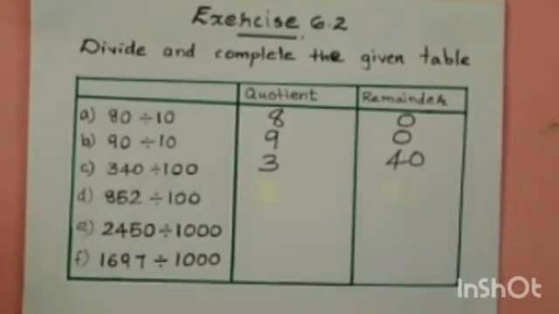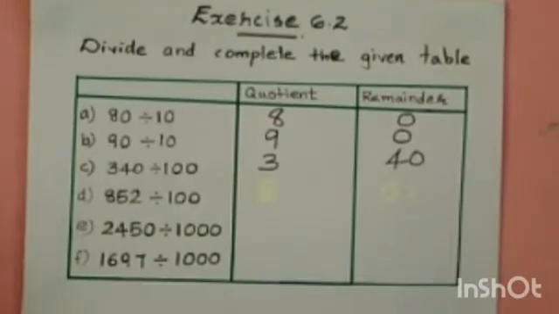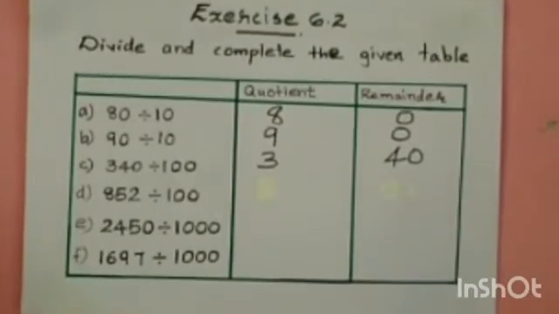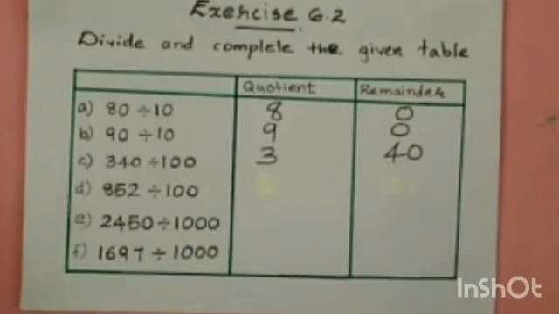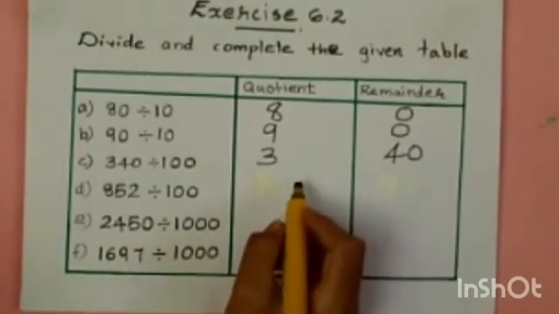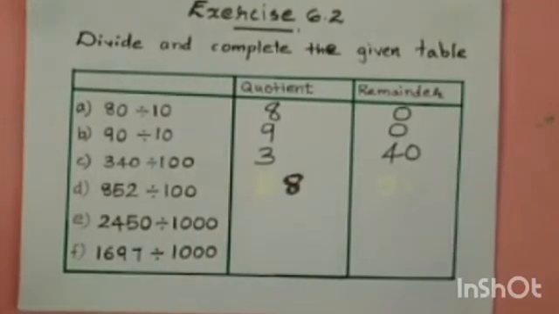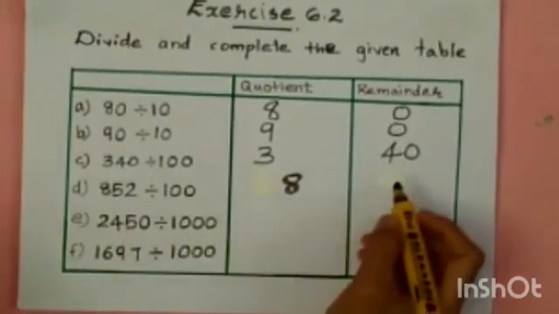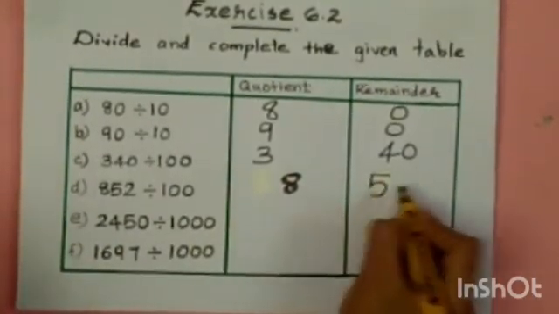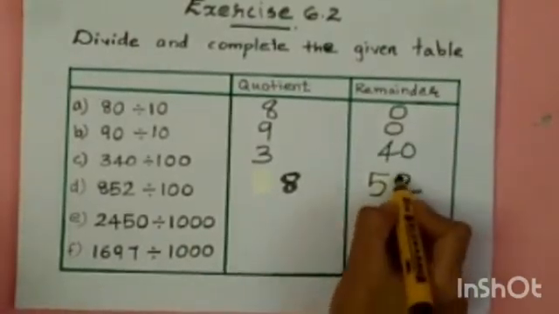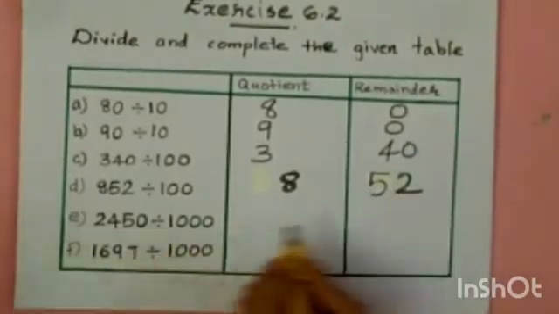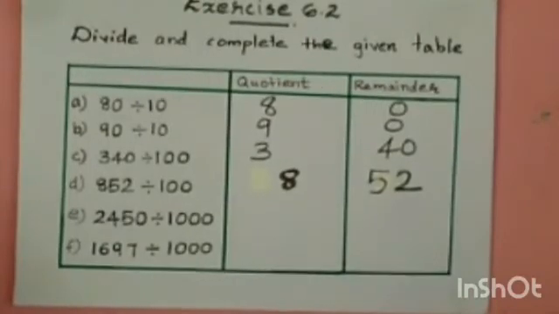You know that 8 into 100 is equal to 800. So we get the quotient is 8 and the remainder is 52.